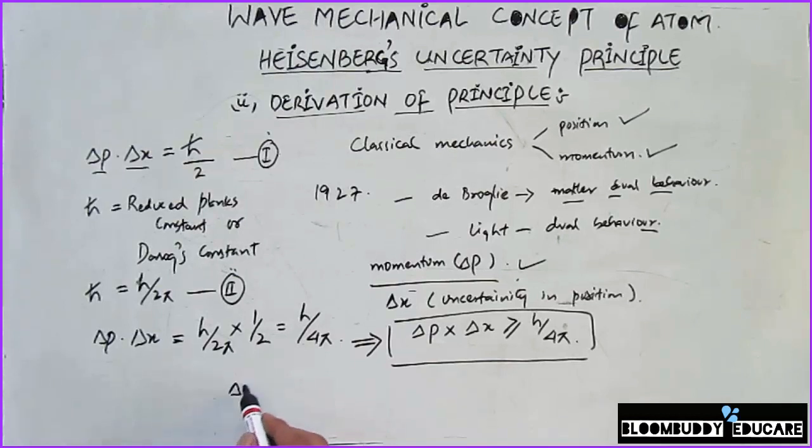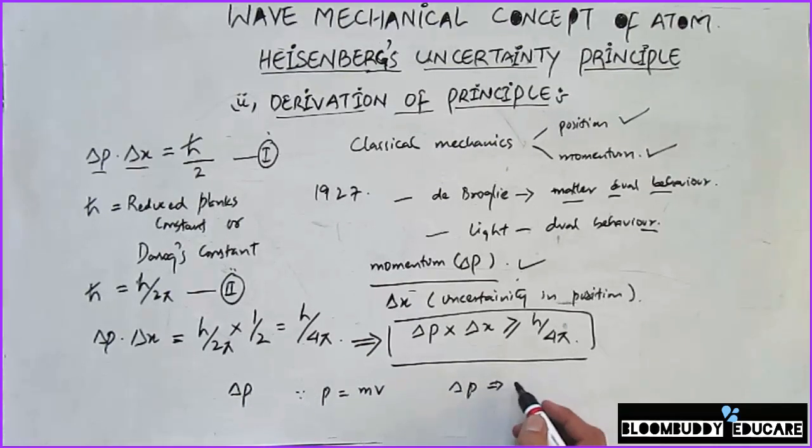This delta p is the change in the momentum, and since we know that momentum is equal to mass into velocity, delta p becomes mass into change in velocity. Mass is going to be constant and velocity is changing. So actually delta p is equal to m delta v.